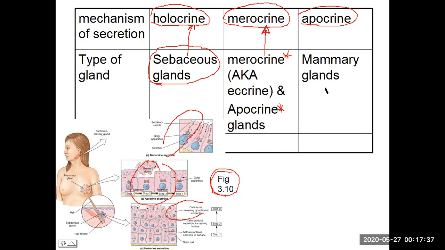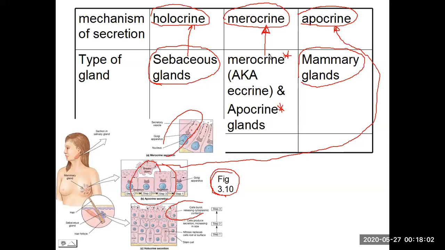And then lastly, in the release of breast milk from the mammary glands, in this case, the development of breast milk first accumulates in the superficial tip of the epithelial cells, and then that superficial tip detaches, and that is the apocrine mode of secretion.